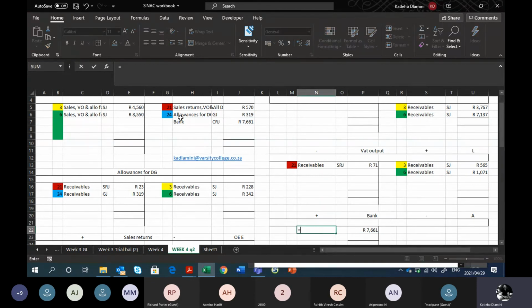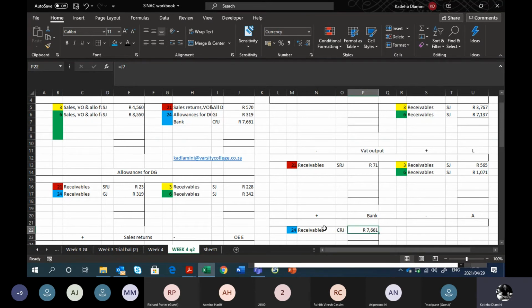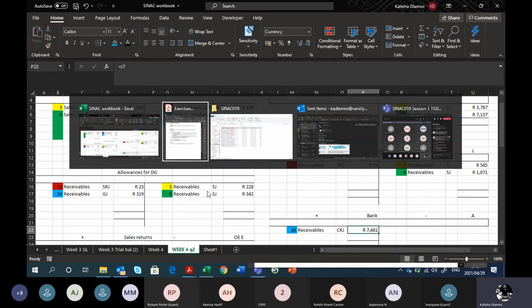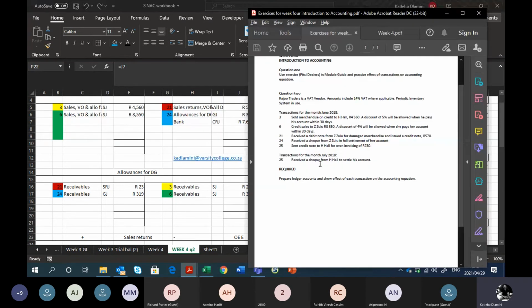Okay. So receivables on the 24th. Going to make this blue as well. CRJ. Okay, so that's done with that. Then moving on.